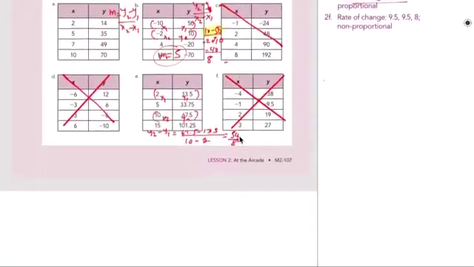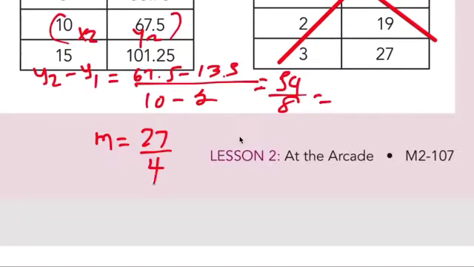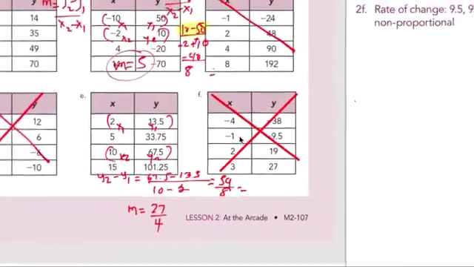They're taking it to the decimal. Divide, you get 6 point something. Same answer as what they got there.